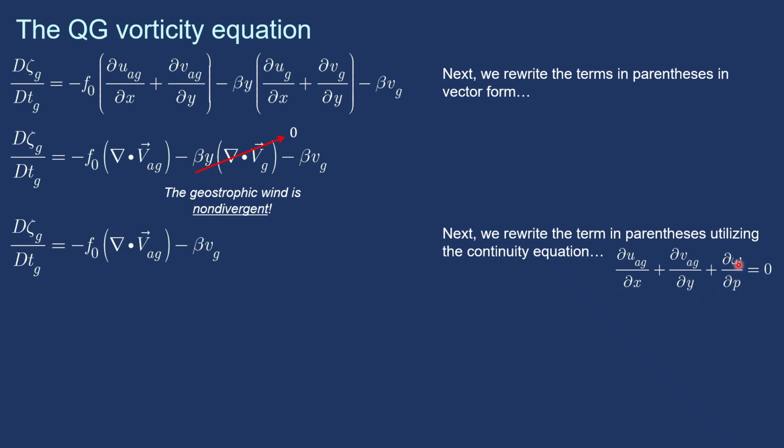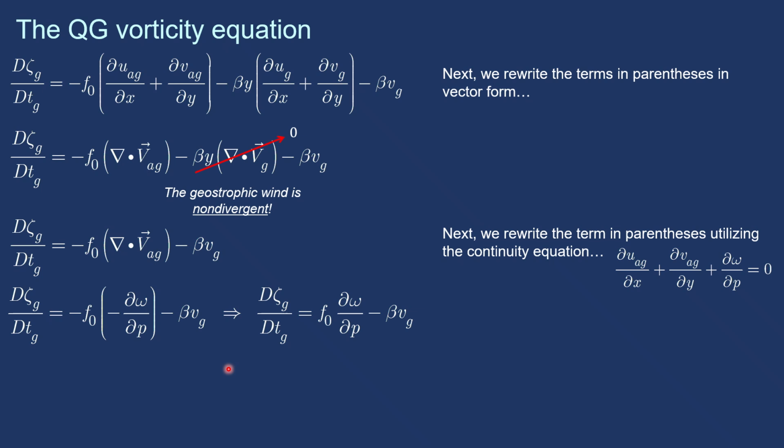If we move the partial omega partial p term to the right-hand side, we get negative partial omega partial p equals these first two terms, and those first two terms are equivalent to this dot product. So we can replace this dot product here with just negative partial omega partial p from the continuity equation. And then these two negatives will cancel out, and so we end up with, on the right-hand side, two terms, F naught partial omega partial p minus beta Vg.